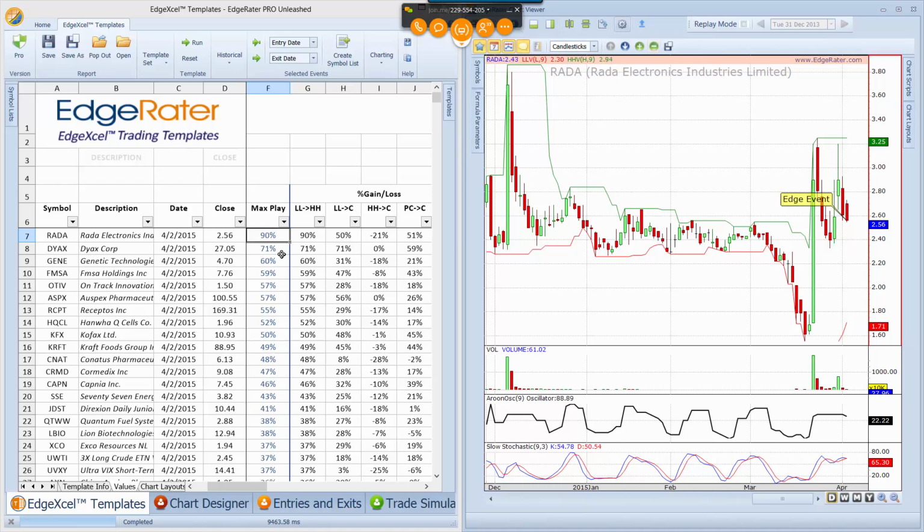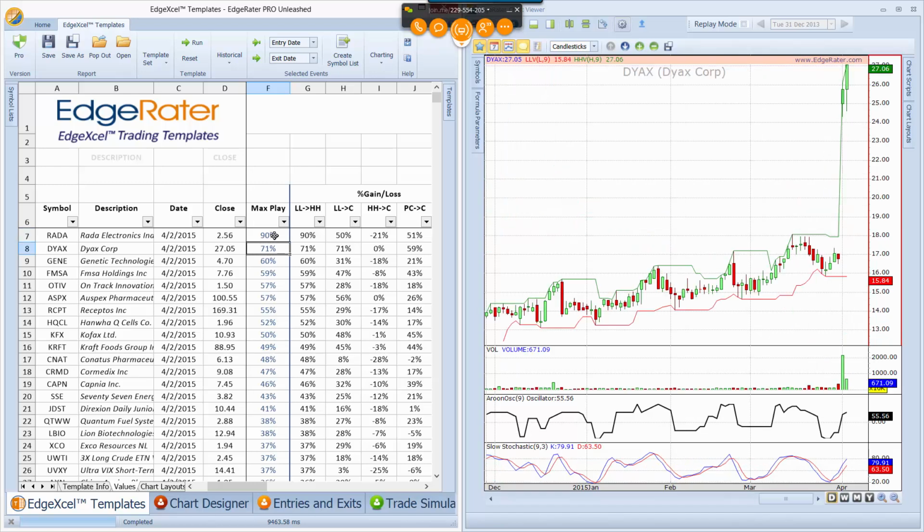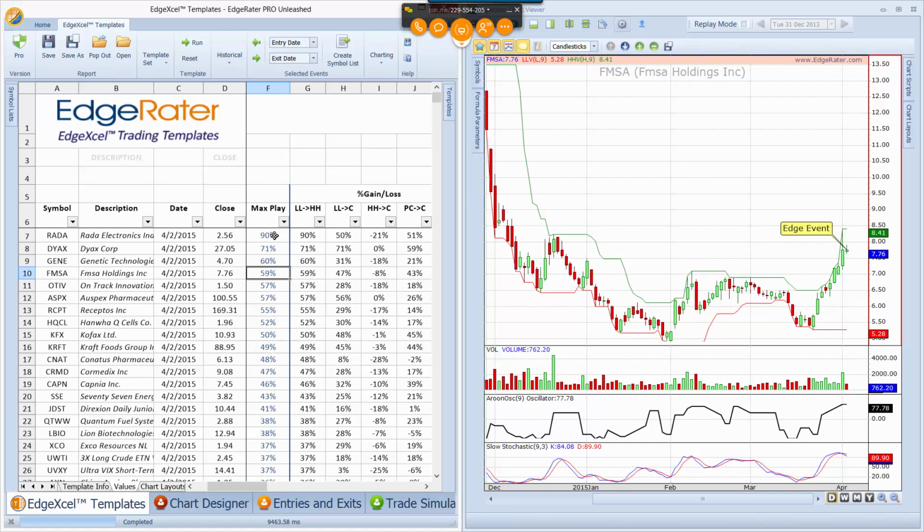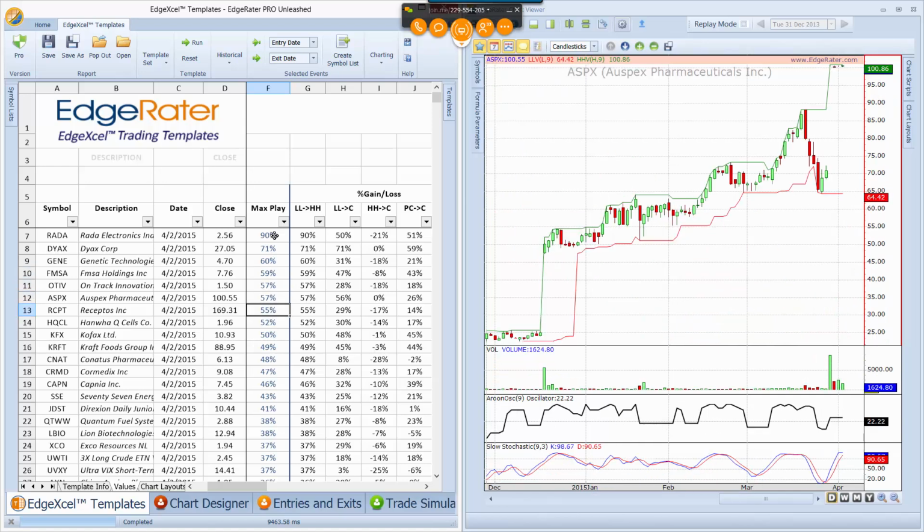That way we're able to scroll through the template. What I mean is I'm going to scroll through a report. So I'm going to place my cursor and activate this particular cell in the report, which is the max play. And then I'm going to use the arrow keys on my keyboard. I find this to be the quickest way to scroll down through a list and take a quick view at the stocks that are in that list.